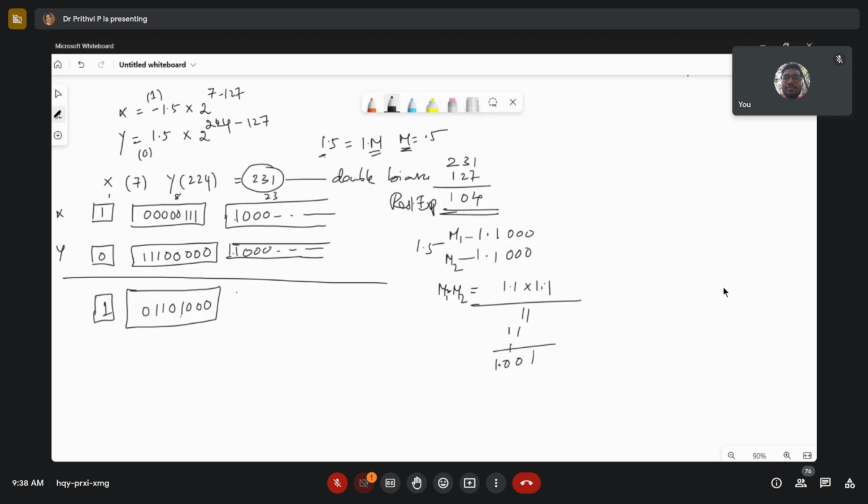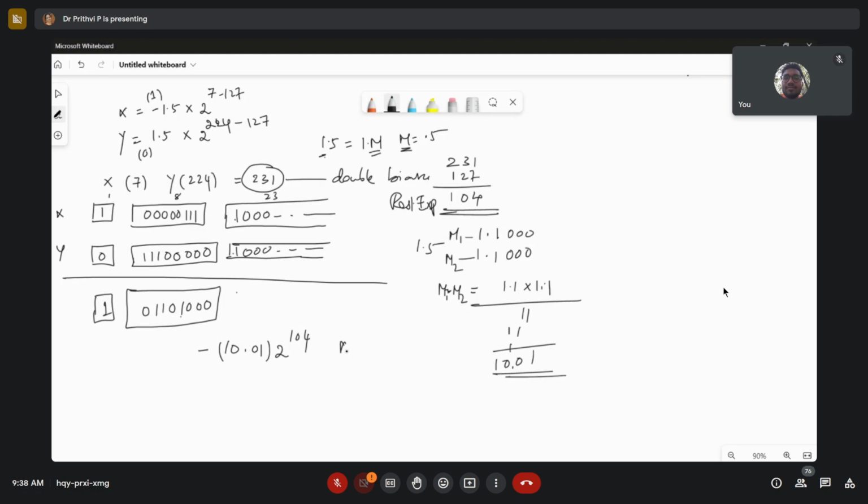Now you will be taking the decimal point here. Now this is your result. Now is this in 1.m format? No, no. Completely, if you take, this is 10.01 into 2 power 104, and this is negative. This is the value you are getting.